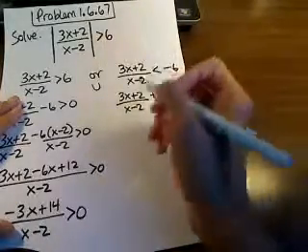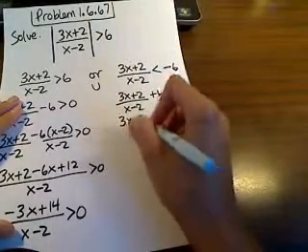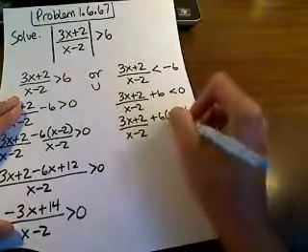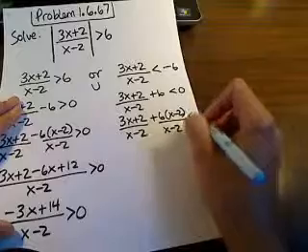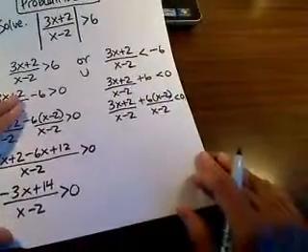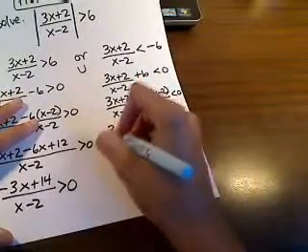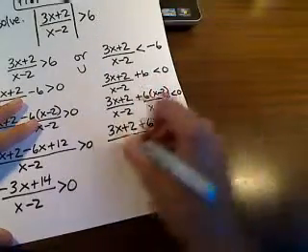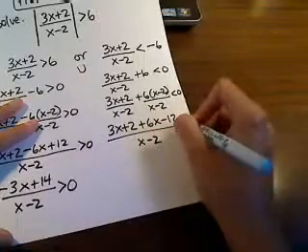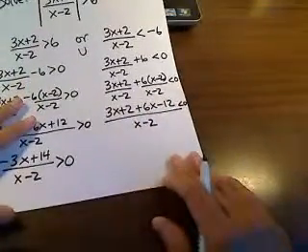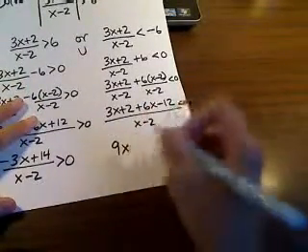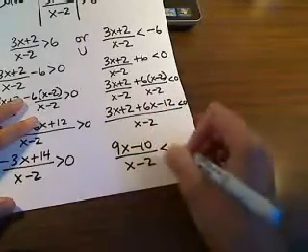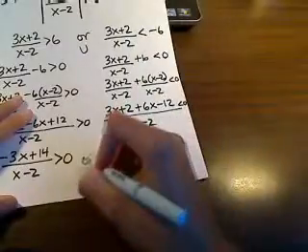And then I'm going to, again, get a common denominator, so I'm going to multiply top and bottom by x - 2. Okay, so if I distribute the 6, I have 6x - 12, and collect like terms, I'm looking at (9x - 10)/(x - 2) less than 0.